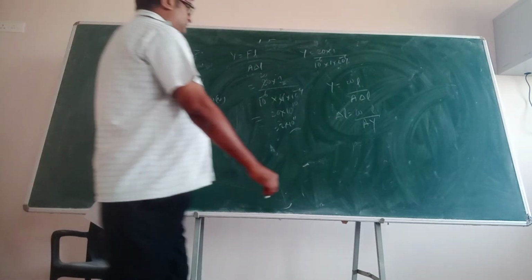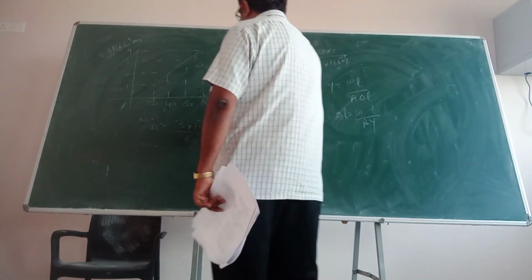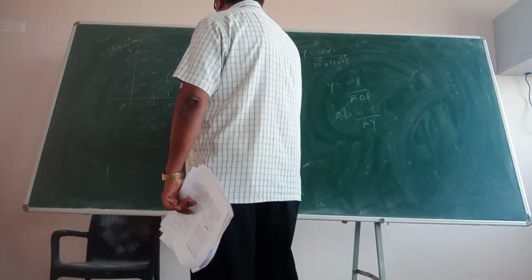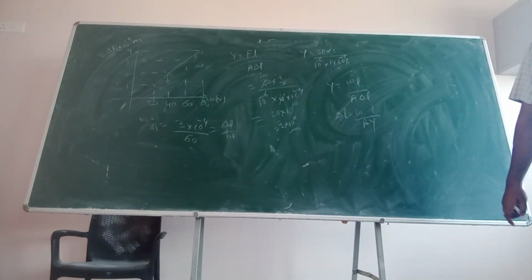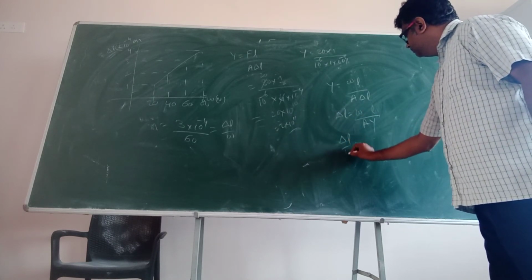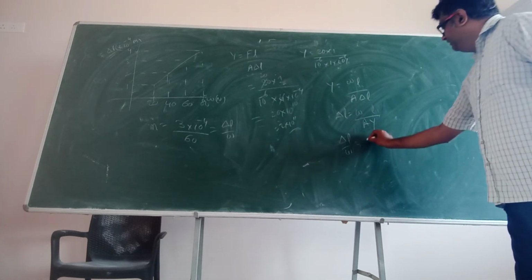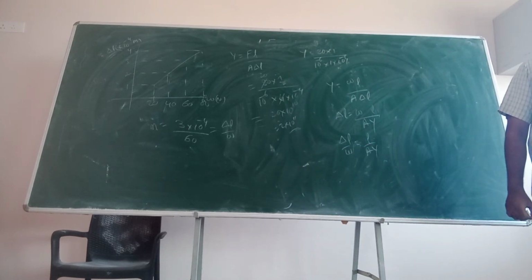Now here, it is delta L by W. Am I right? So delta L by W will be equal to L upon A Y. Would you agree?